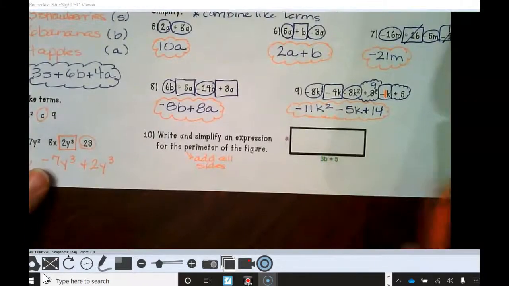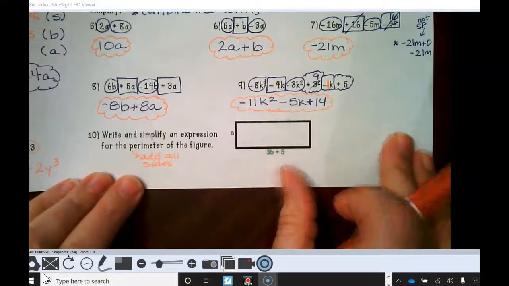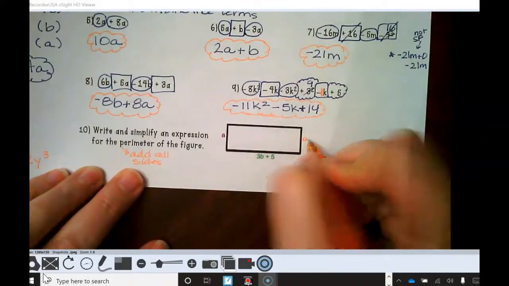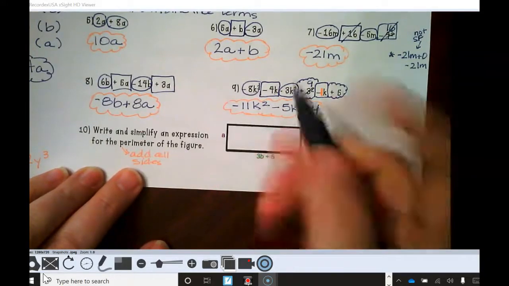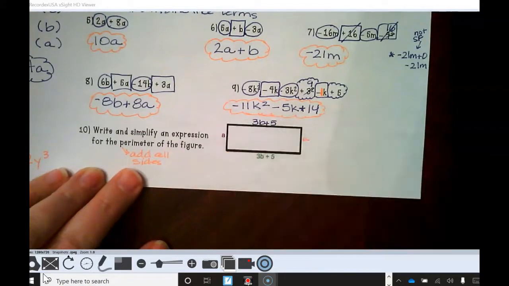So you have to also remember that opposite sides of a rectangle are congruent. So if this side is A, this side is A. And if this side is 3b plus 5, then this side is 3b plus 5. So we can add those together.